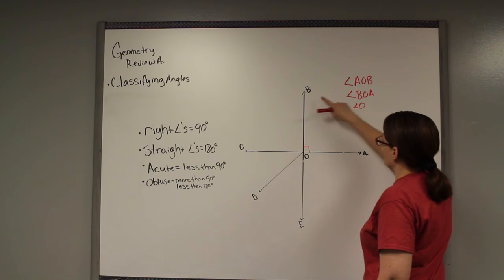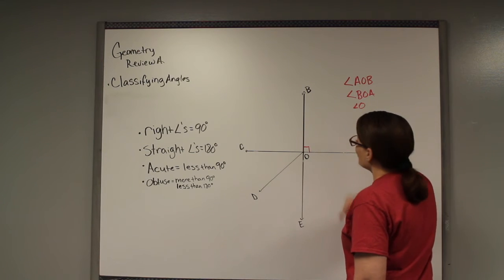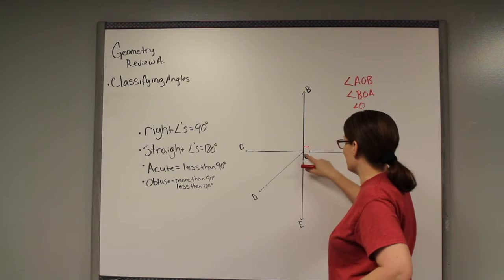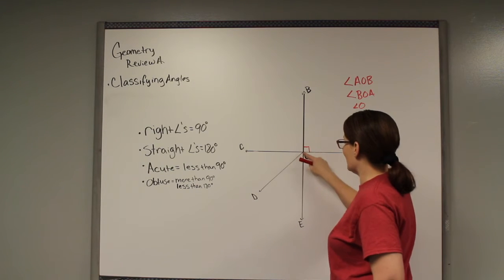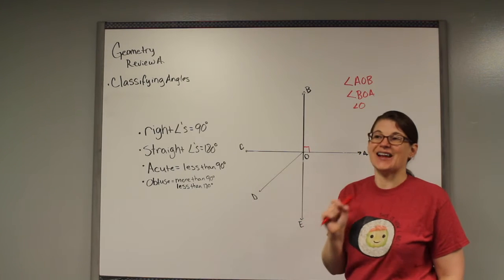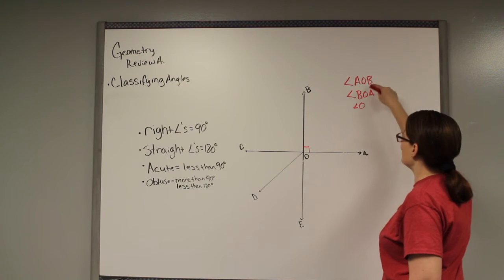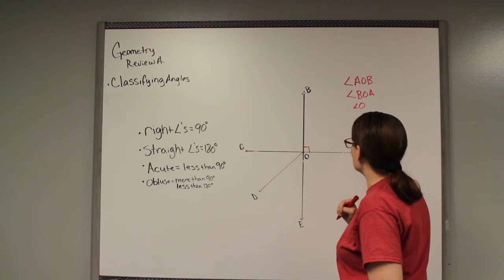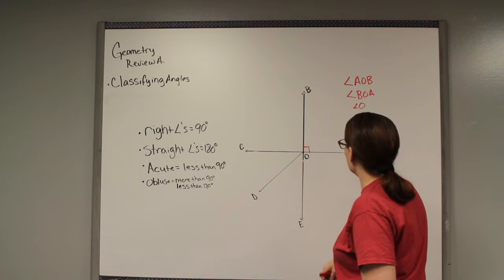Notice that no matter which way I read this, the O, which is the vertex, is the point where the two lines connect to make the angle. So this line and that line connect right there. That's the vertex. That has to stay in the middle. Otherwise, both of these are correct, but that needs to stay in the middle when you label that angle or when they ask you about it.